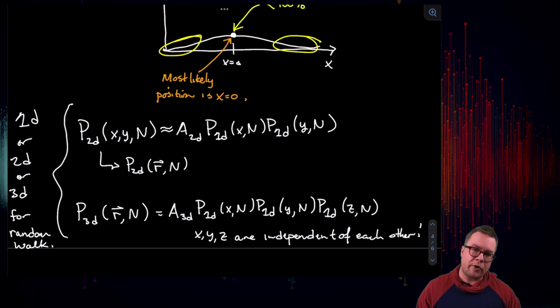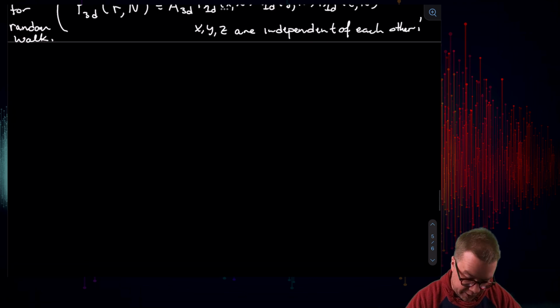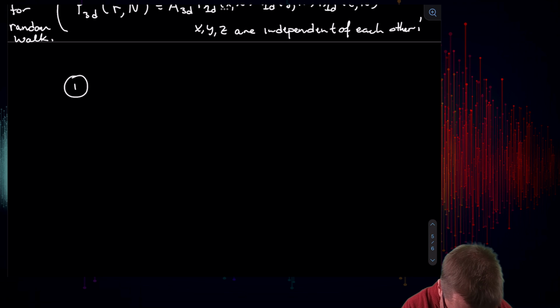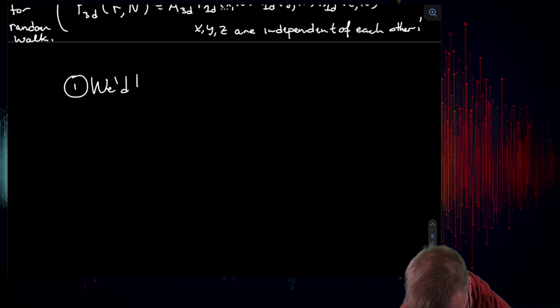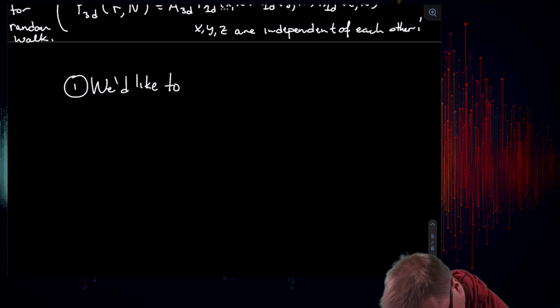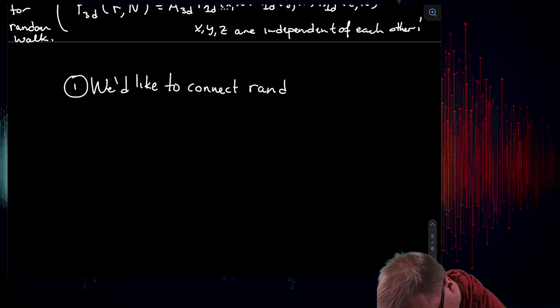We want to connect that probability for the random walk to the shape of a polymer chain. Okay? So there's a couple things to note here. The first is that we'd like to connect the random walk.